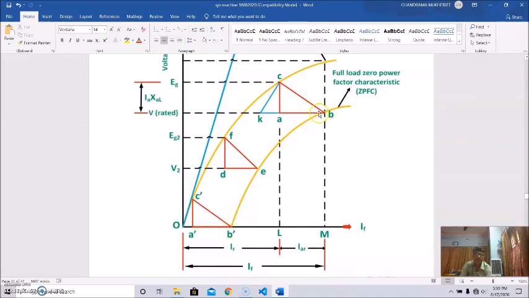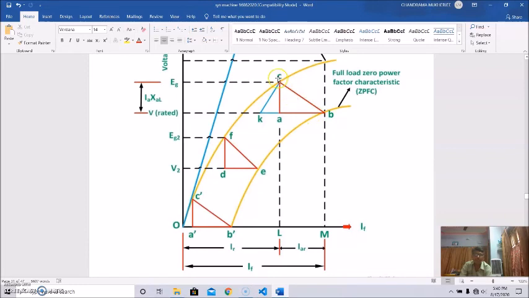And B dash B is the point required for the rated voltage, and from B we draw a horizontal parallel line. From this, cut OB equal to BK. And from K, draw a line parallel to the air gap line which cuts the OCC at C. So you will get this triangle KCB.